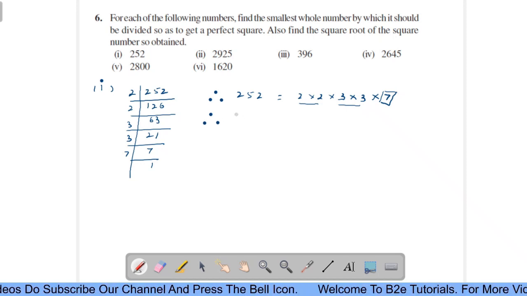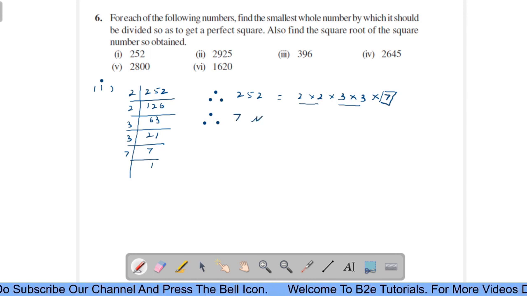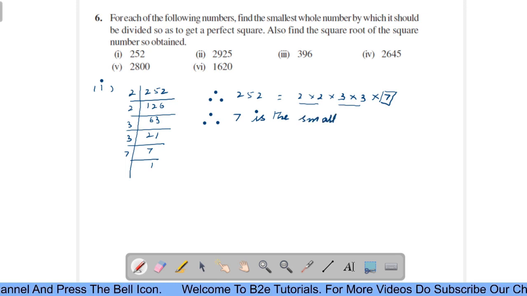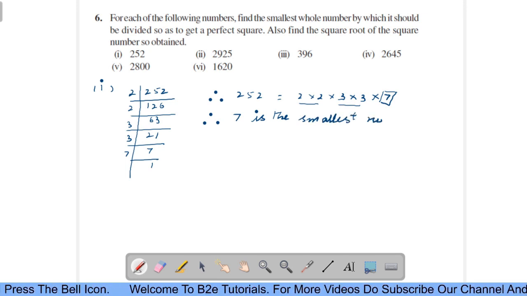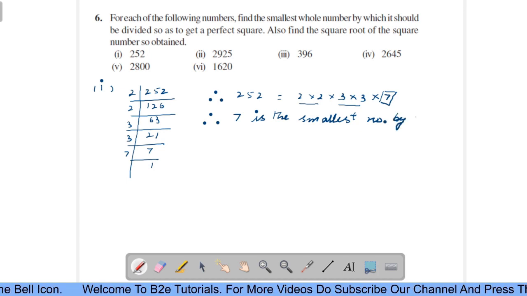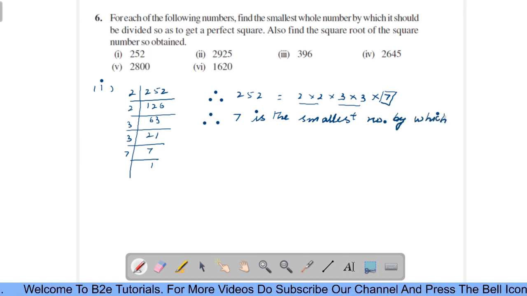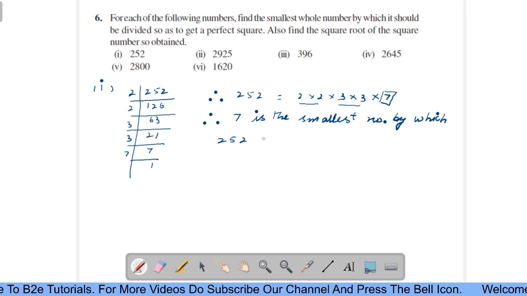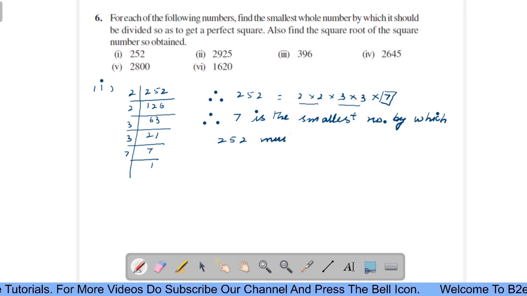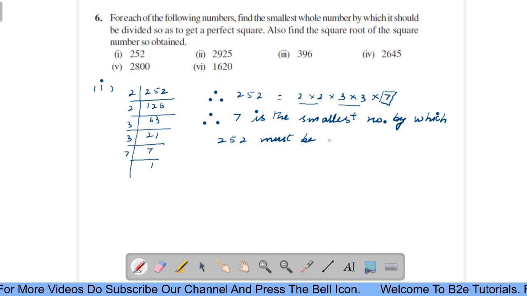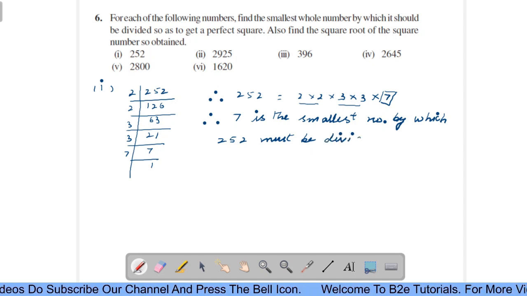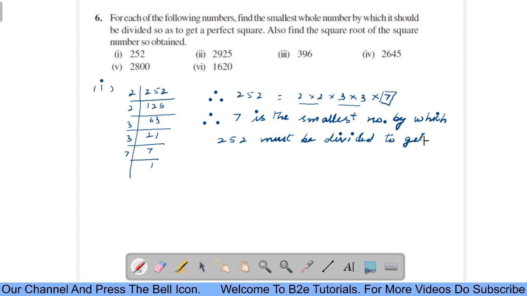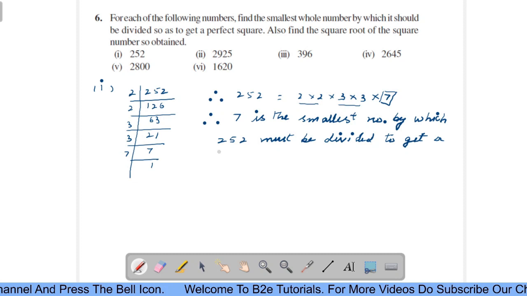Therefore 7 is the smallest number by which 252 must be divided to get a perfect square.